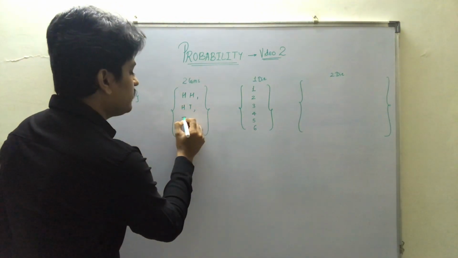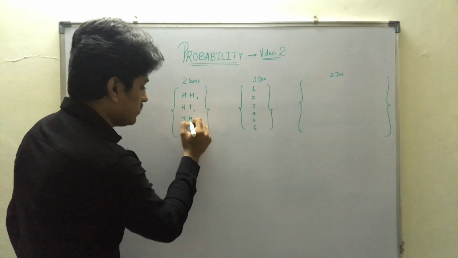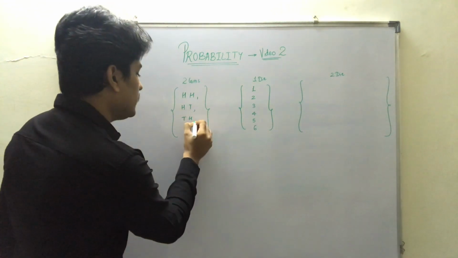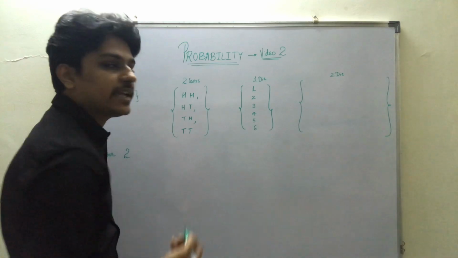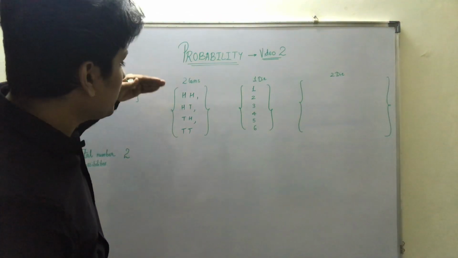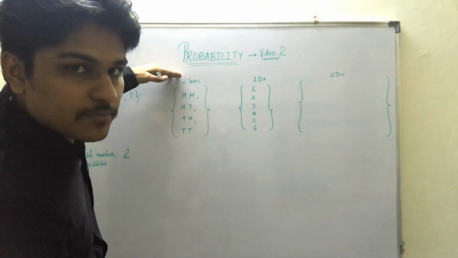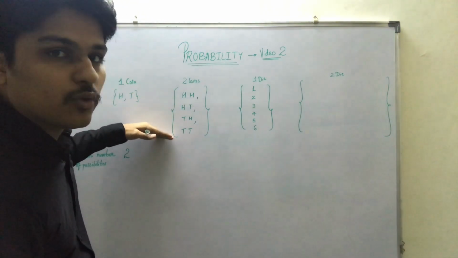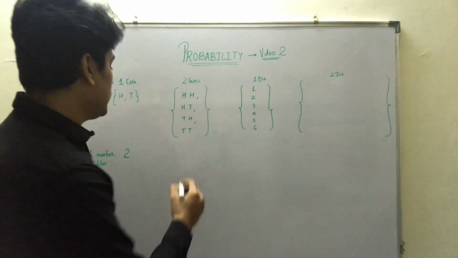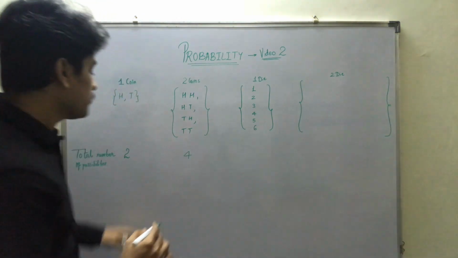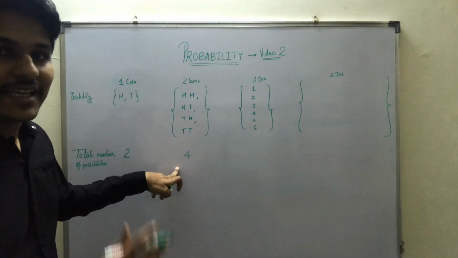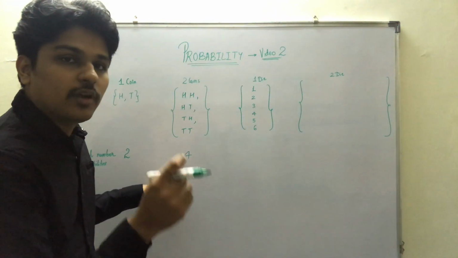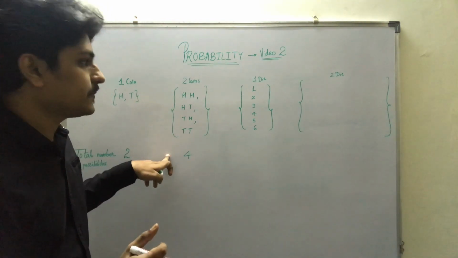There's also a possibility that the first one had a tail and the second one had a head, or that both end up having a tail. So the number of possibilities when I'm tossing 2 coins is 1, 2, 3 and 4. So the total number of possibilities that I have to take care of when I'm tossing 2 coins is 4.